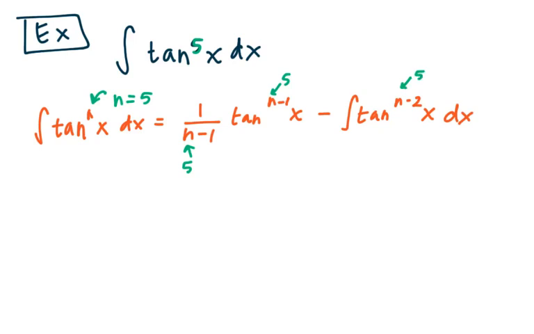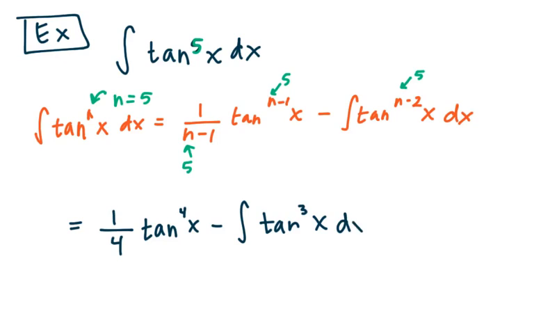So if we look at plugging in my 5 value for the n's, what we'll end up with is 1 over 5 minus 1, which is 4, tangent of x to the 5 minus 1 power, again 4, minus the integral of tangent to the 5 minus 2, which is the third power of x dx.